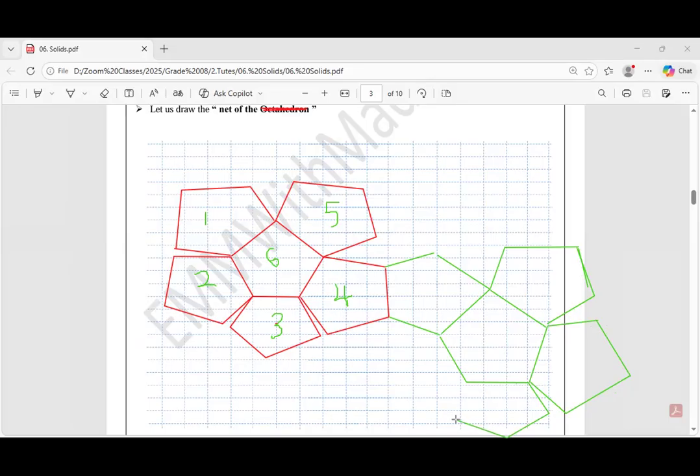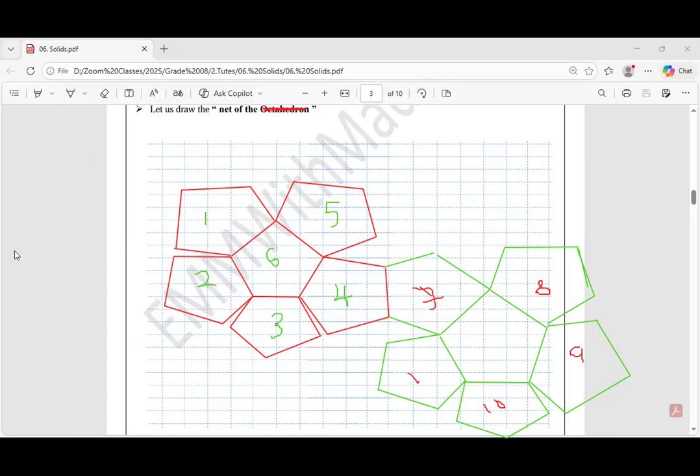And here also you will be having a pentagon like this, and also this. Okay. So now I have completed. Here I have explained now 7. This is 7, this is 8, this is 9, this is 10, 11, this is 12. So now these are the 12 faces that I have drawn.